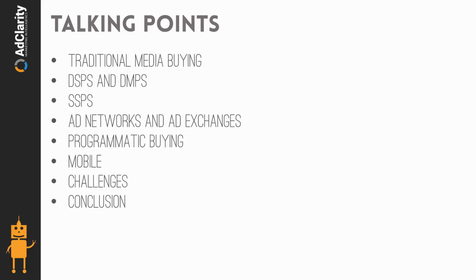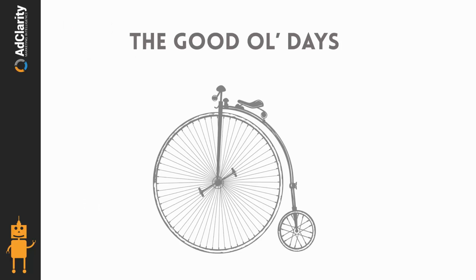And after we talk about the skeleton of programmatic, we'll get to the programmatic section, which includes RTB and programmatic direct as well. And after that, we're going to be moving on to the mobile ecosystem. And finally, we'll observe some of the challenges and obstacles that a lot of digital media professionals are facing in today's programmatic world. So let's get started.